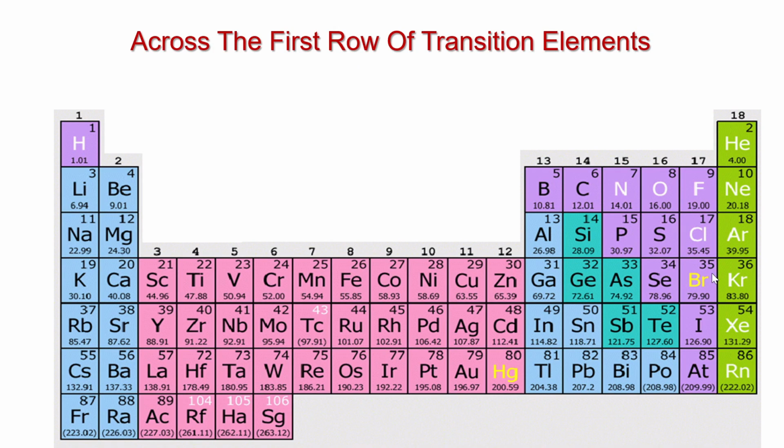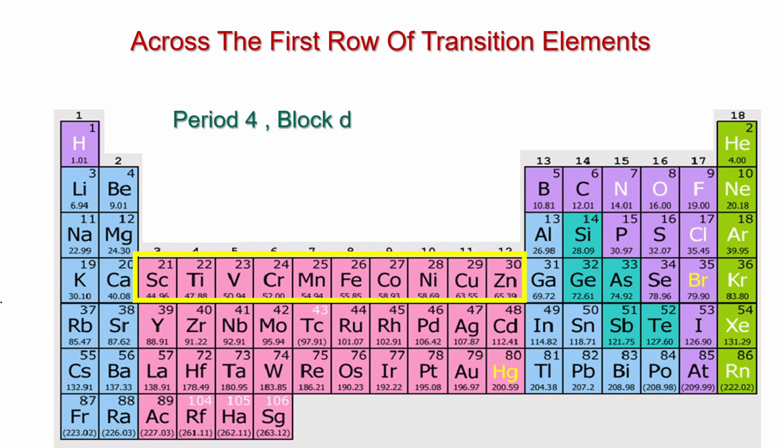So the second one is trend for element across the first row of transition element. Refer to this element from scandium until zinc. So actually the trend is similar with across period 3 element from sodium to argon, tapi ada slightly different about the explanation because of the electronic configuration.